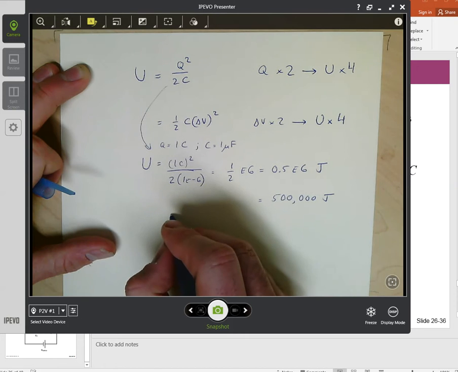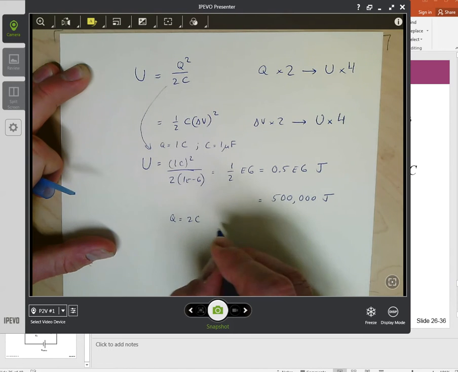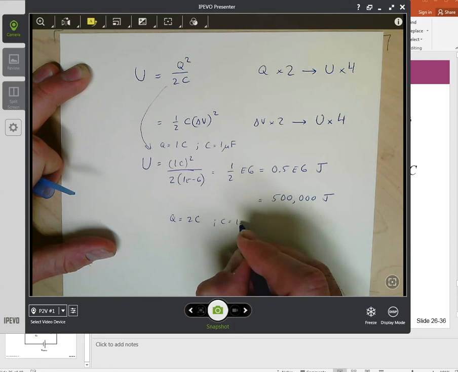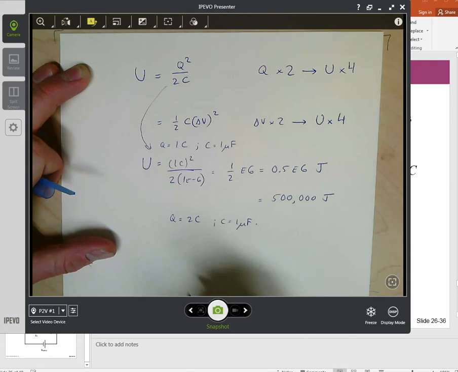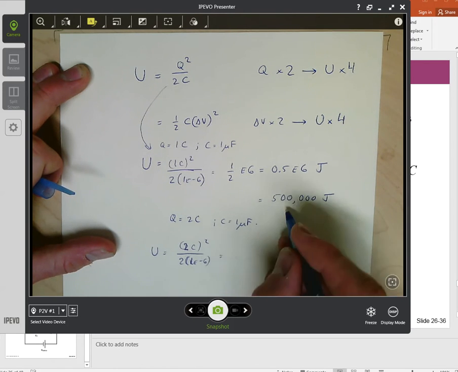If I increase the charge to 2 coulombs for the same capacitor, with capacitance equal to 1 microfarad, then you can do the calculation again: 2 coulombs squared, divided by 2 times 1 E minus 6. You'll see that we've doubled the charge, so actually I don't need to do the math once more.